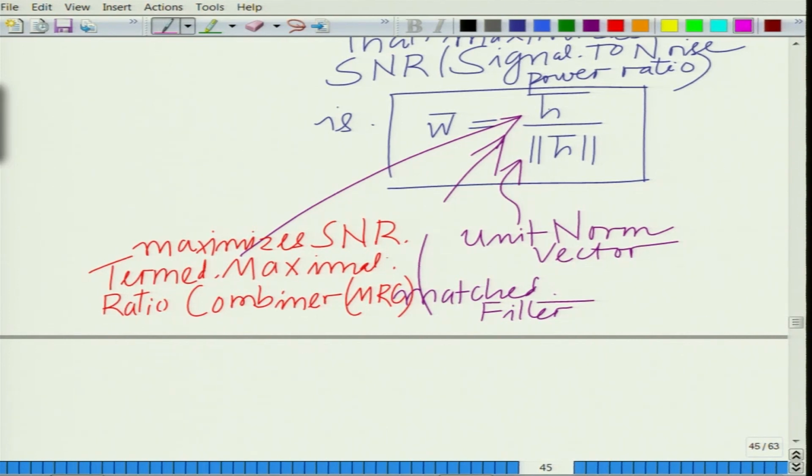So, this is simply known as the maximal ratio combiner, the optimal beamformer that maximizes the signal to noise power ratio at the output of a multiple antenna wireless communication system.